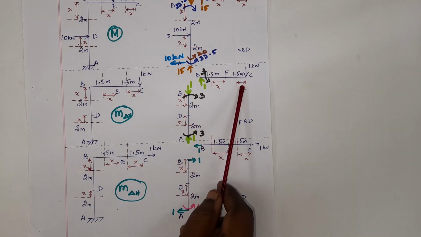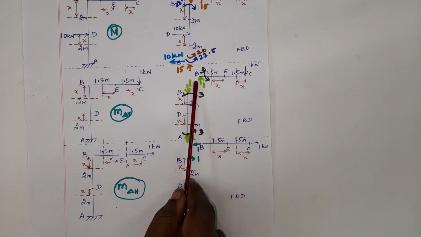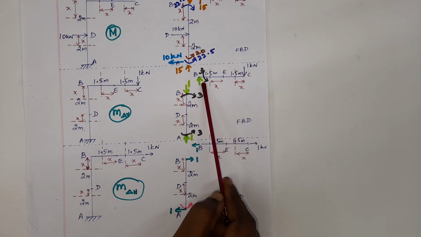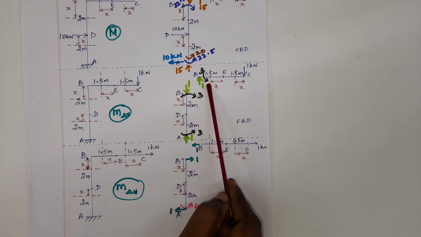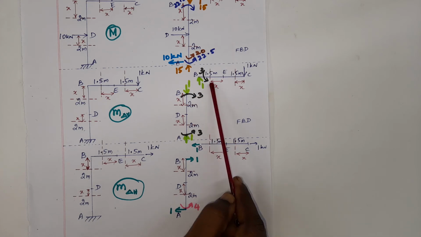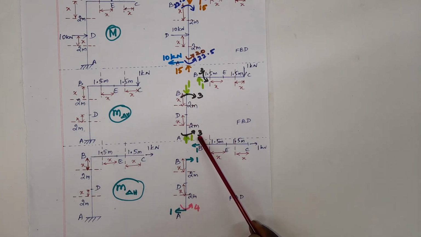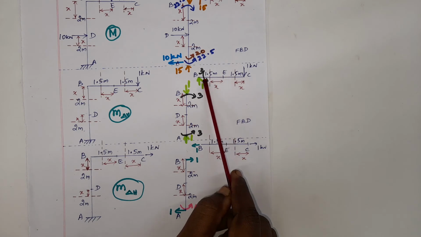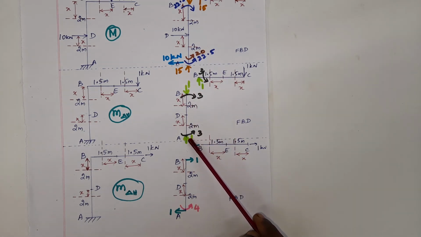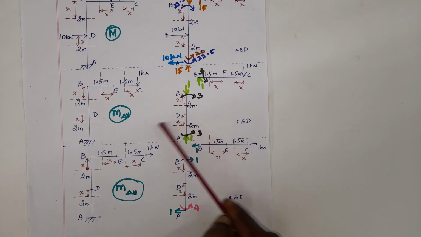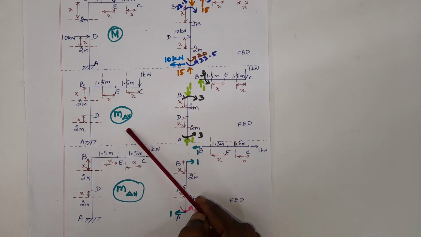This load is acting at a distance of 3 meter from B, 3 kilonewton meter acting in the clockwise direction. So resistance at the other end will be in the anti-clockwise direction. For equilibrium, equal and opposite at the same joint, and again for equilibrium, equal and opposite in the column. Starting from C and proceeding towards A, I have no other loading. So this free body diagram has to be considered for writing my MV expressions.